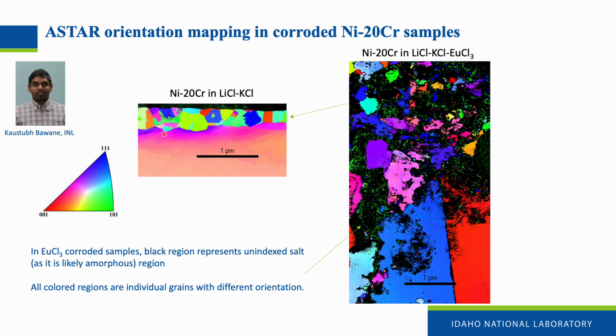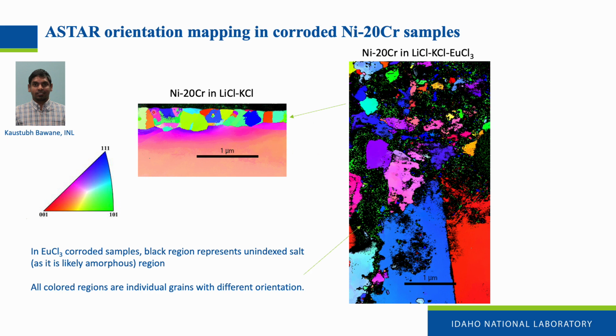We are looking more into this, and all of this characterization is done by my colleague Kosto Bhavane at INL. And this is the ASTAR orientation mapping of the corroded nickel 20 chrome sample. In the sample that was corroded in the presence of europium chloride, the black region with green dots is indexed as salt. So it's more likely an amorphous region, and all the individual color regions are individual grains with different orientations.